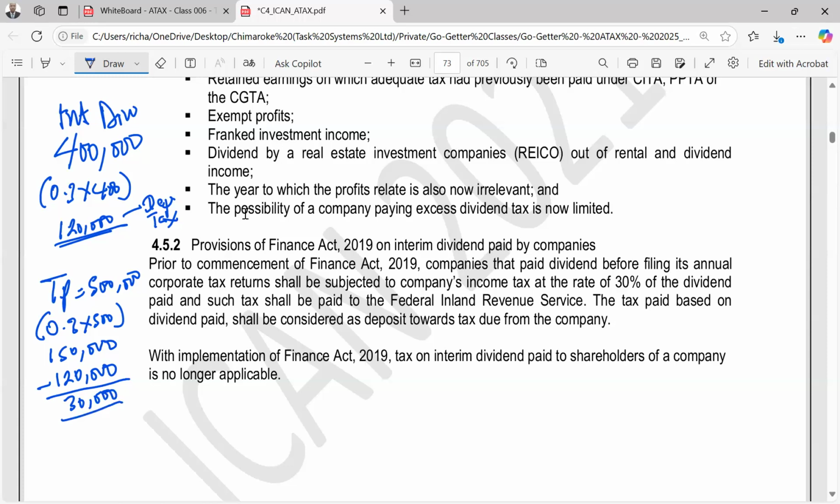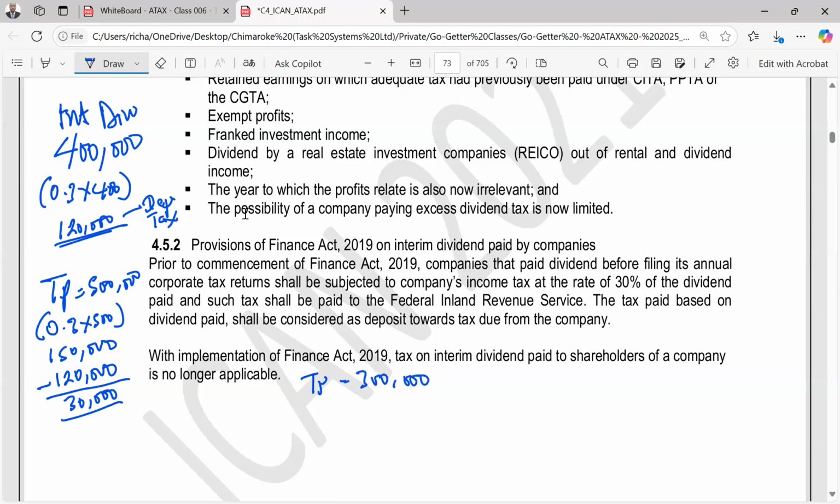Now, assuming that you have paid your dividend of 400, and your total profit happens to now be 300,000.